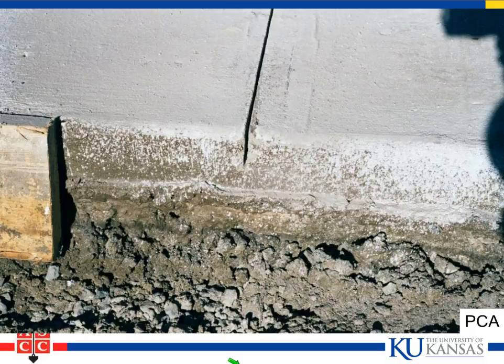But the key thing here, the reason that typically we say a quarter of the depth, is we want a real weakened plane so that the concrete will crack at that location. Concrete is variable enough that if we put a very shallow groove in here, we use our saw and cut at a very shallow depth, that might not be the weakest point in the concrete. Now here's a good example.